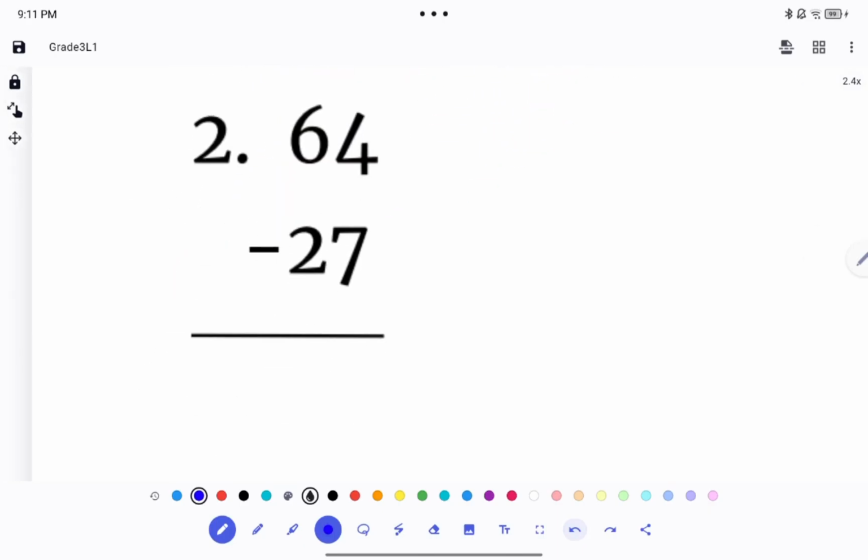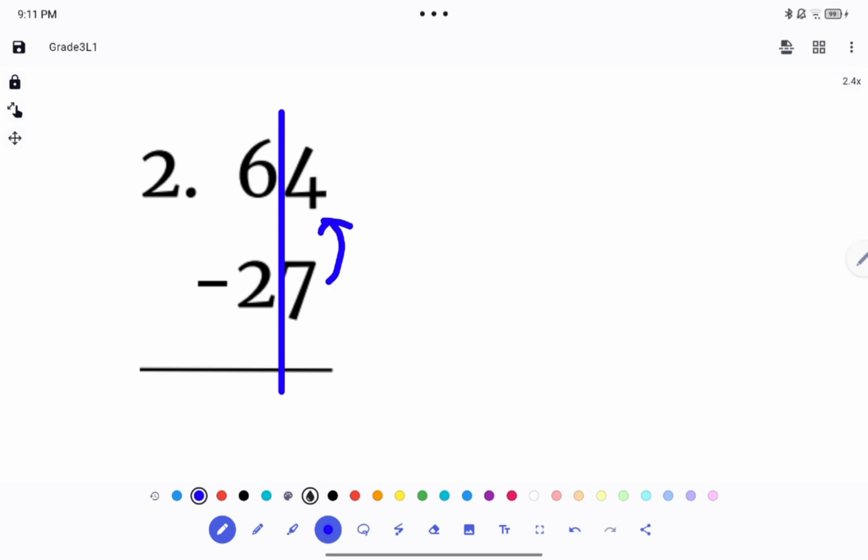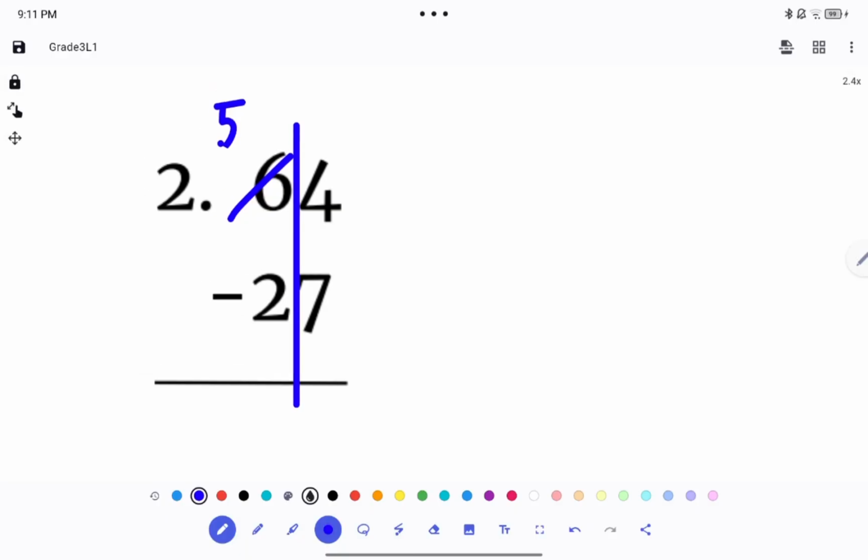Moving a little quicker. 64 minus 27. Now, immediately, as I look at this, in the ones column, I notice that 7 doesn't really go into 4 that well. So we need to take a 10 from this 60 over here and make it a 50 and make this a 14.